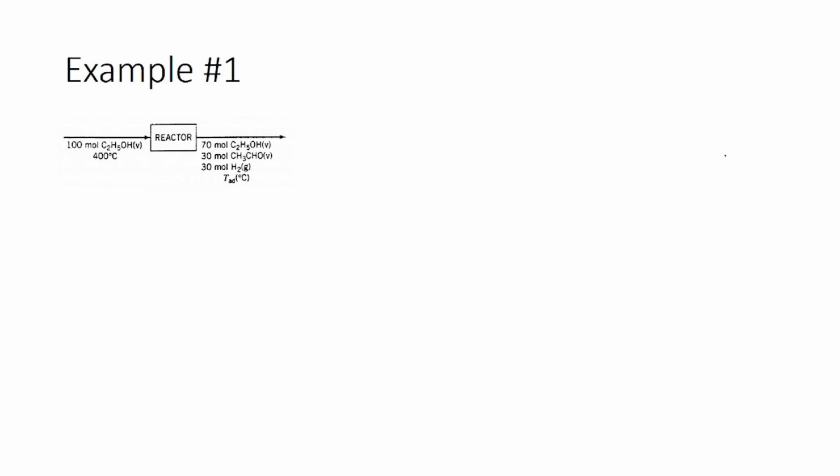So, let us calculate the enthalpy for the inlet stream H1 cap. So, H1 cap is basically the process where you have ethanol at 25 degrees Celsius. So, we are using ethanol vapor at 25 degrees Celsius being heated to ethanol vapor at 400 degrees Celsius.